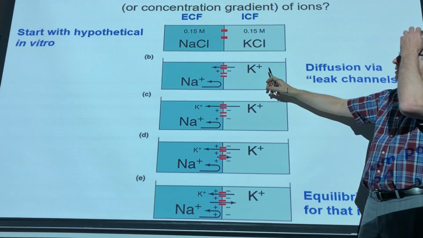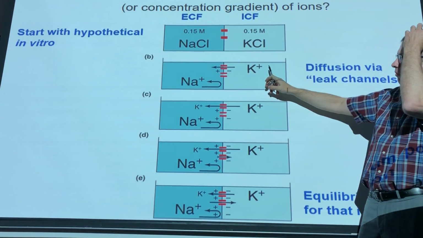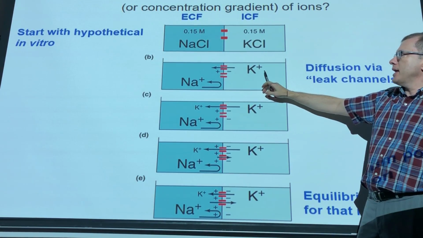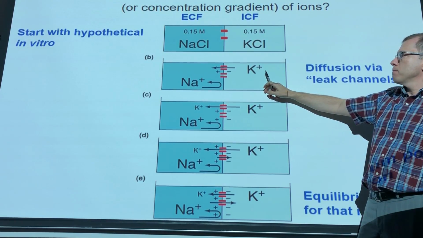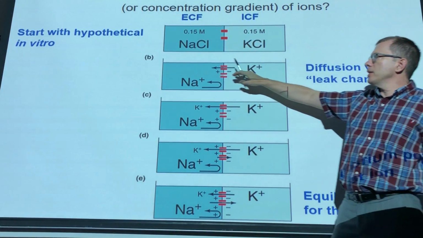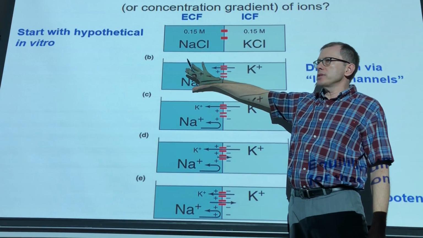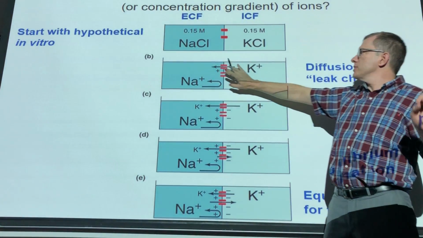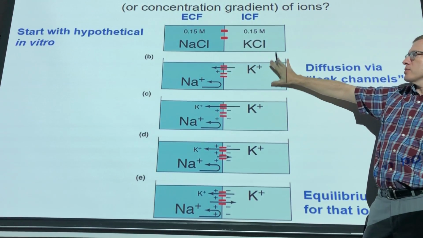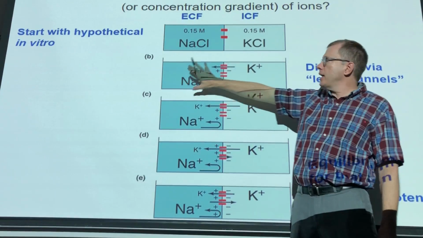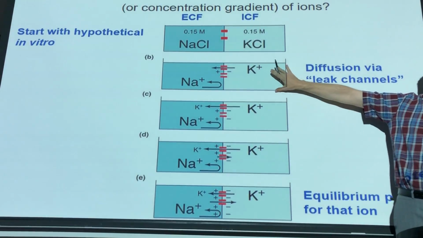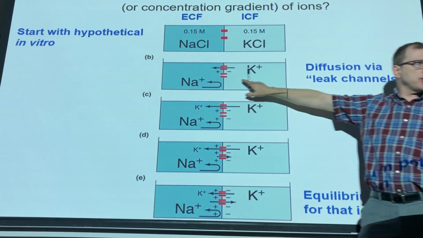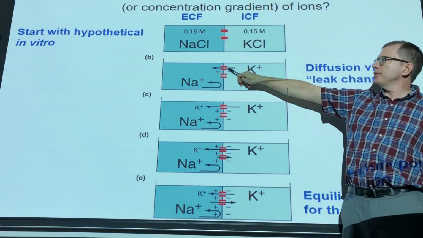Let's see, remember that we said that the bulk of the sodium was in the extracellular fluid. Remember, 145 was the number, and so sodium is high outside and potassium is high inside. So there's a natural concentration gradient when you open this channel.